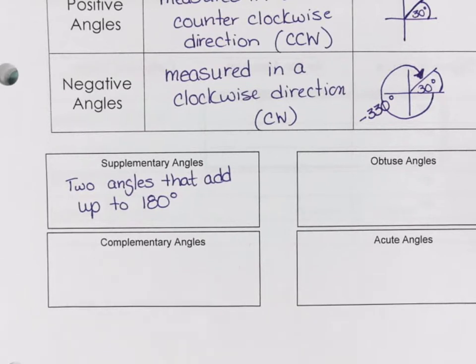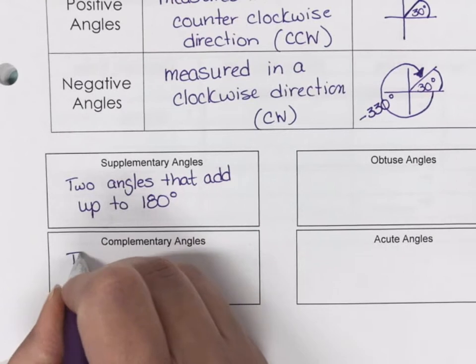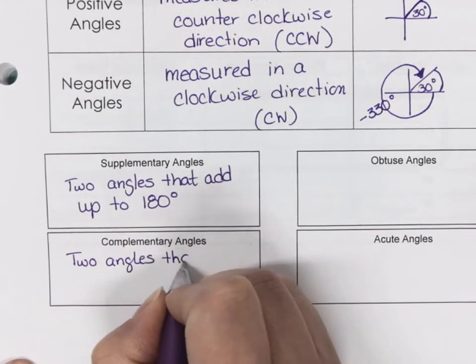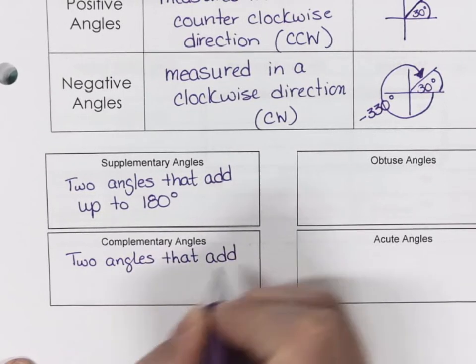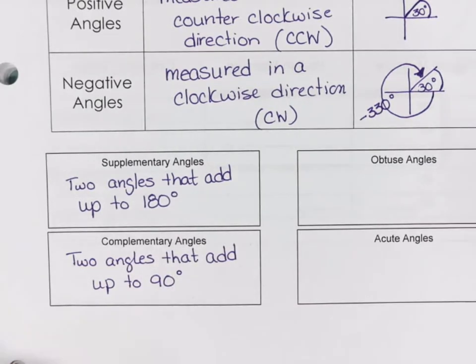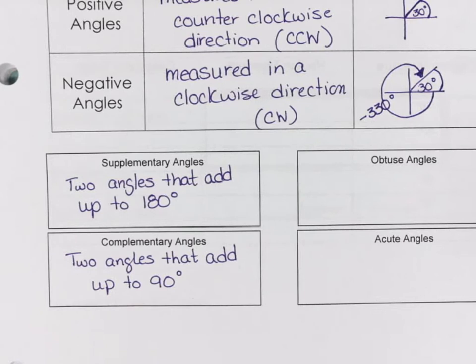The way I remember it is a compliment is nice, but taking me to supper is better. 90 degrees is little, 180 is bigger. That's the way I remember it. It's not that great, but it works. Like, that's how I remember it. So we have two angles. Now we're gonna work in both worlds of degrees and radians, and it's gonna be super fun.